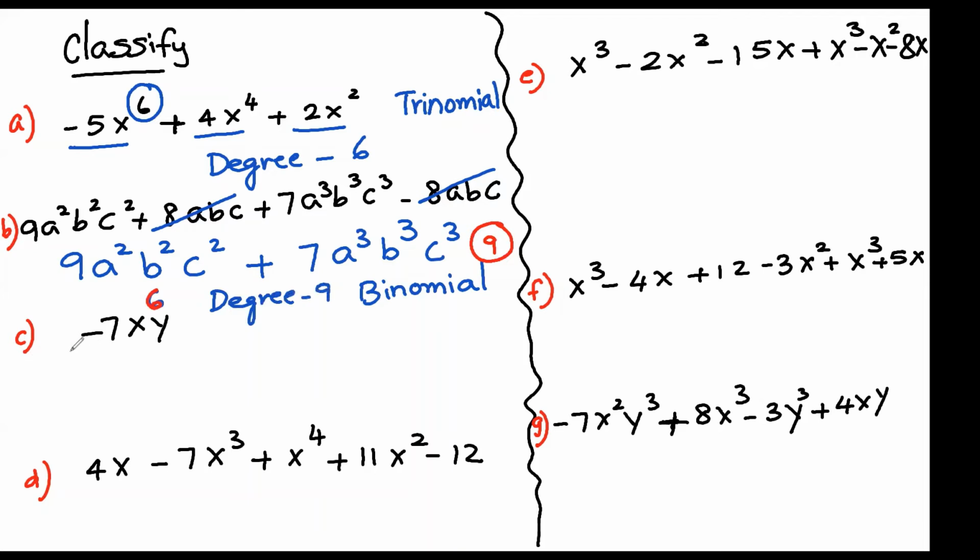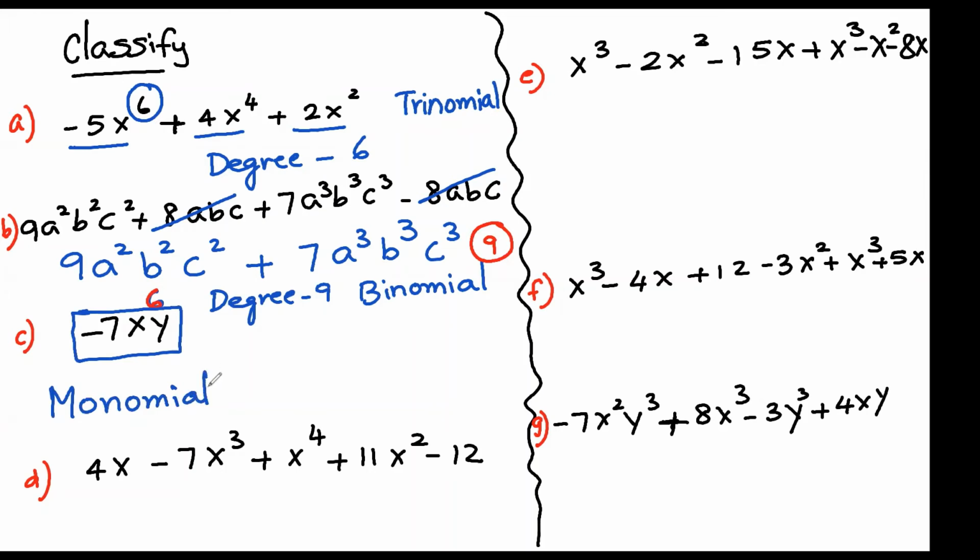Good. Now let's look at C. Negative 7xy. Even though you have two variables, this is a single term. There's only one term in this expression, and therefore this is a monomial.